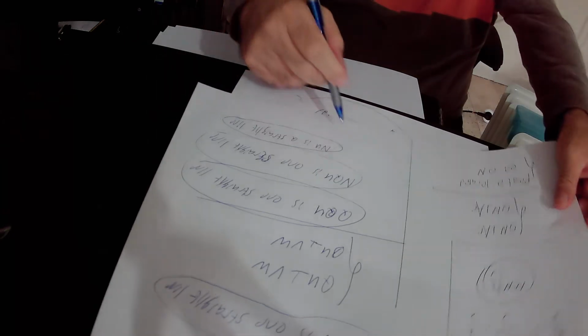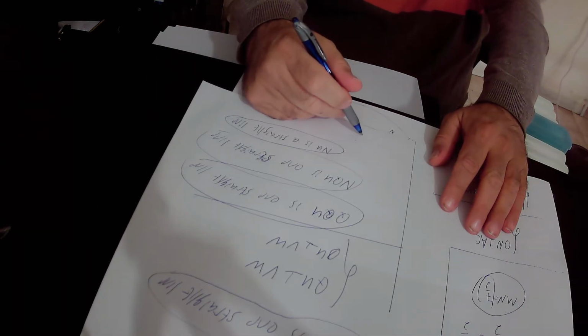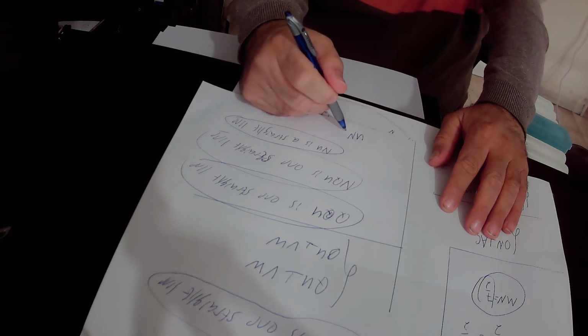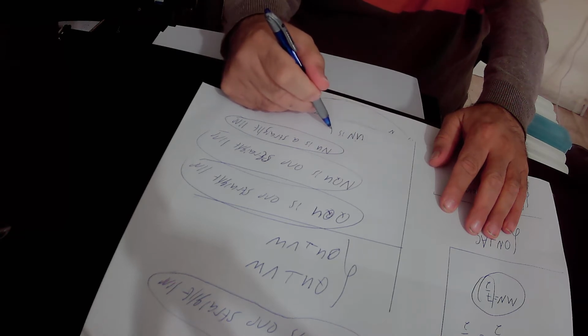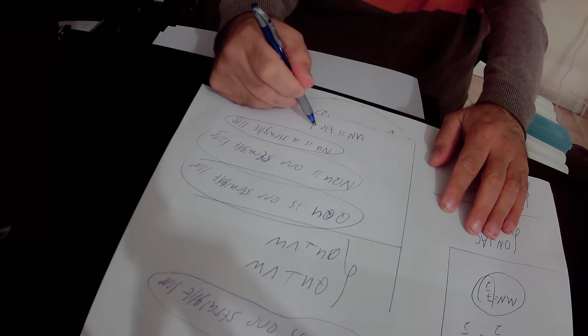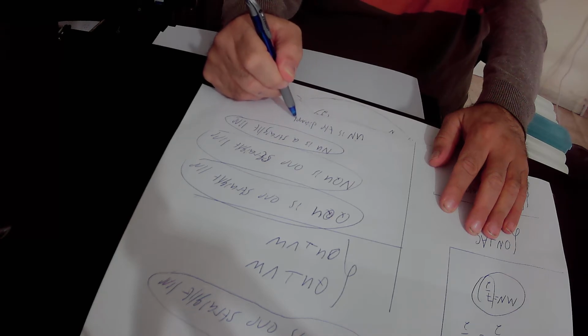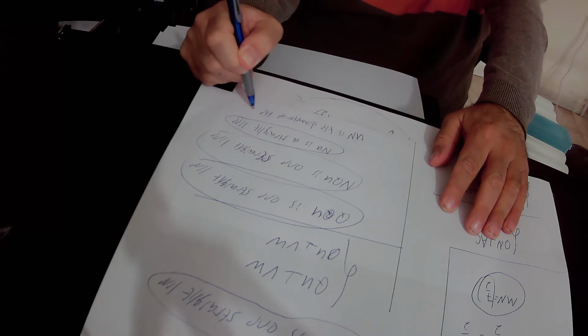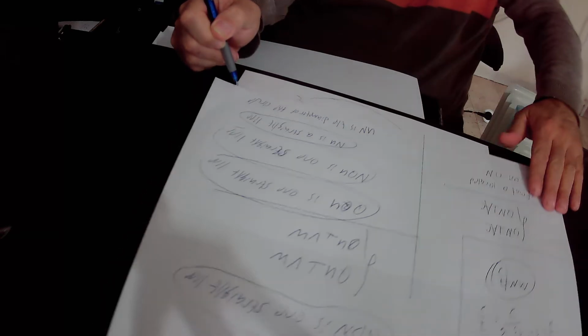I write it down. NU or UN, it doesn't matter. UN is the diameter of the circle.